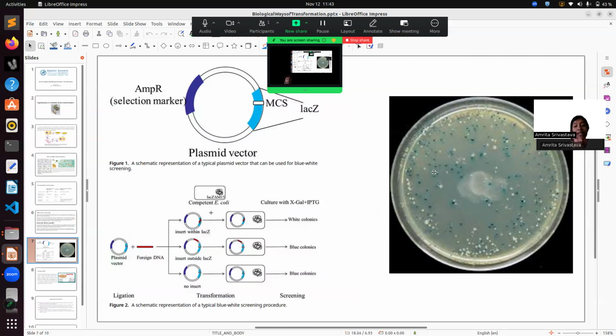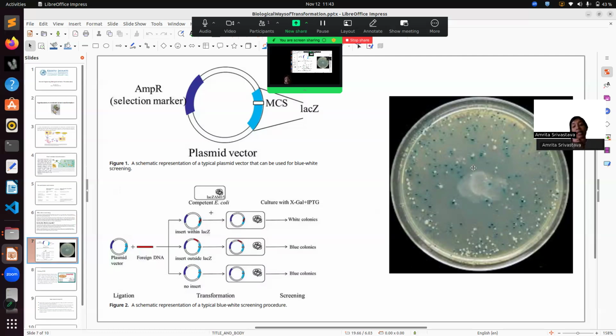And wherever the white colored culture exists, that means that particular genetic region was disrupted by transformation, and because it was disrupted, X-gal was not converted into blue chromogenic color.